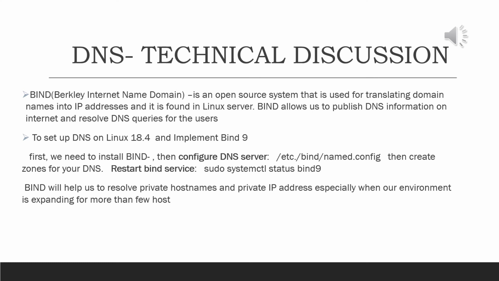You can use the command /etc/bind/named.conf, and then you can create the zone for your DNS. After doing that, you can restart your service, and then BIND should be able to work. Also remember, BIND will help us to resolve private host names and private IP addresses, especially when our environment is expanding to more than a few hosts.